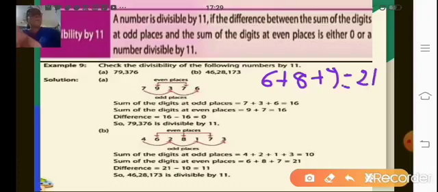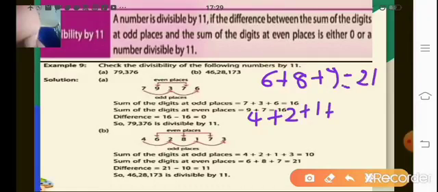Okay, 21. Now let us take the numbers in the odd place. First place is 4. So 4 plus third place 2, fifth place 1, and seventh place, that is 3. When you add all these numbers, you get the answer as 10.